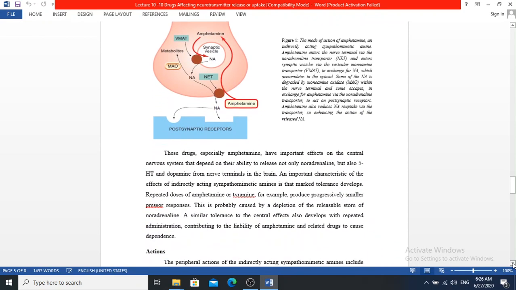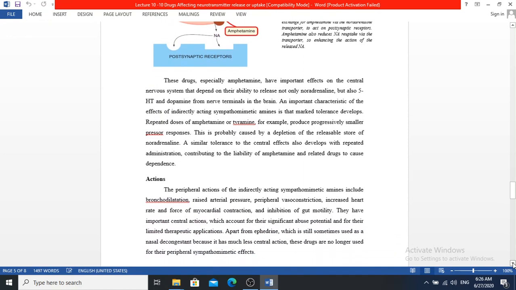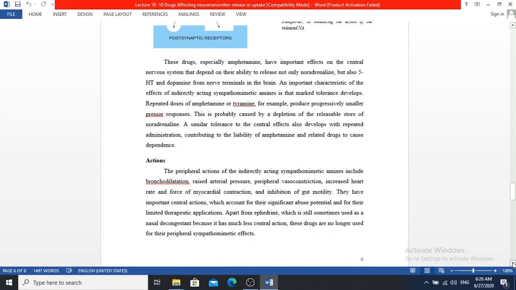These drugs, especially amphetamine, have important effects on the central nervous system that depend on their ability to release not only noradrenaline but also 5-hydroxytryptamine and dopamine, as we said, from nerve terminals in the brain. An important characteristic of the effect of indirectly acting sympathomimetic amines is that marked tolerance develops.